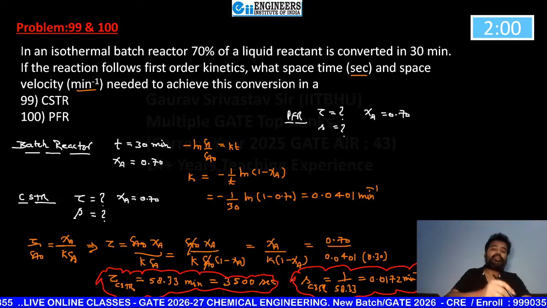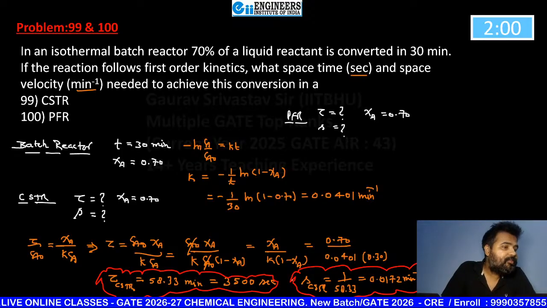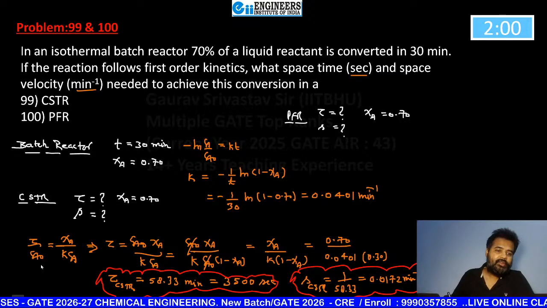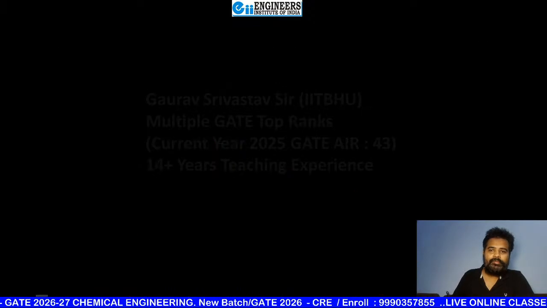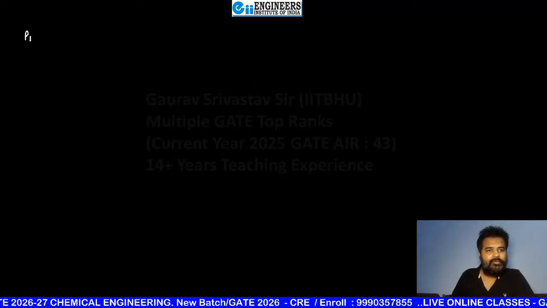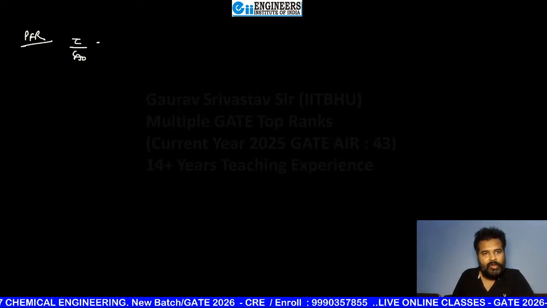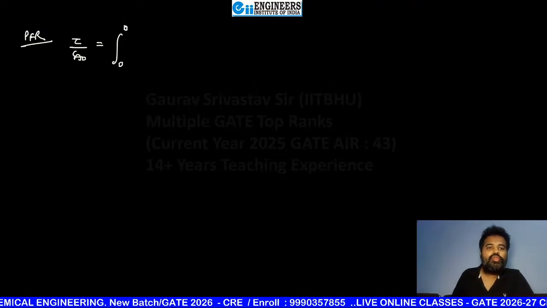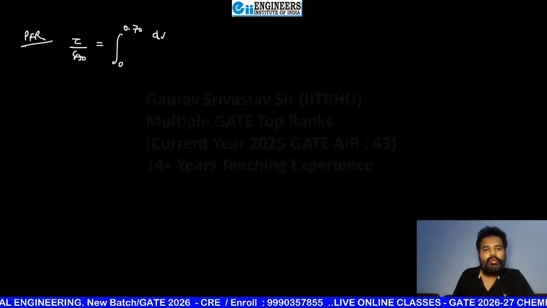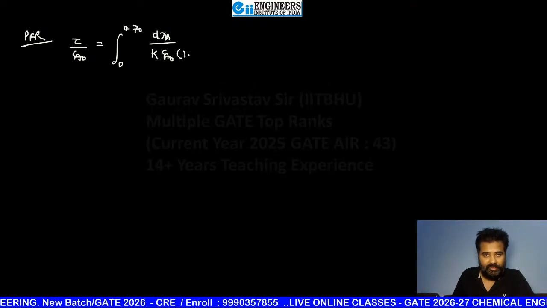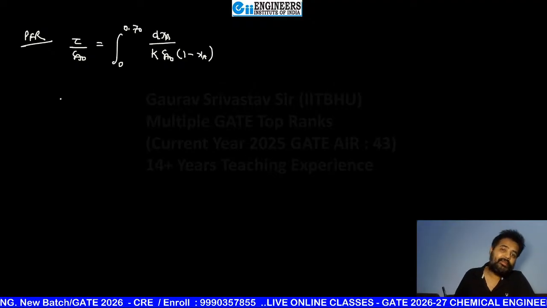Can you tell me for PFR? What did you get for PFR? For PFR, can you tell me, my dear students? You have to use the design equation. Tau by Ca naught is equal to the integral from 0 to 0.70 of dxa upon minus Ra, and minus Ra can be written as k Ca, and Ca can be written as Ca naught (1 minus Xa).